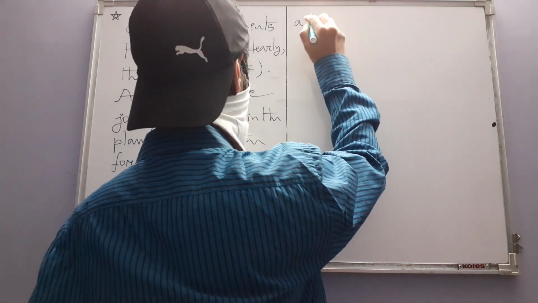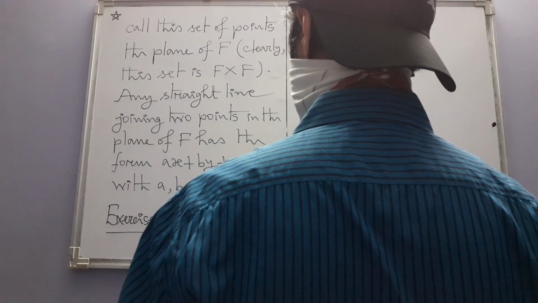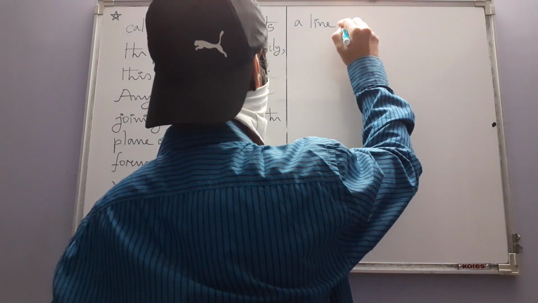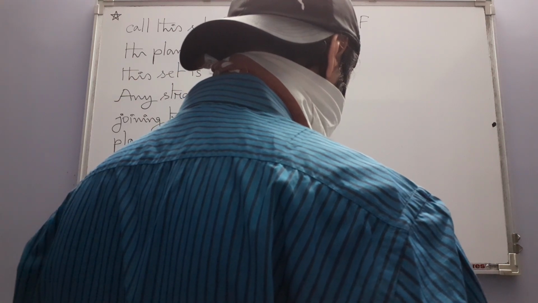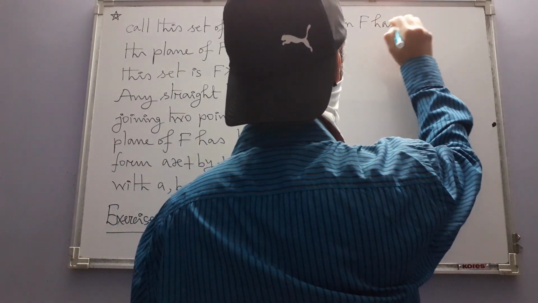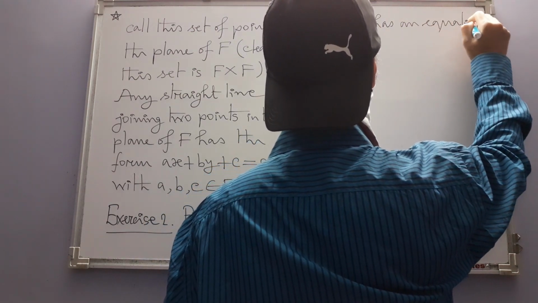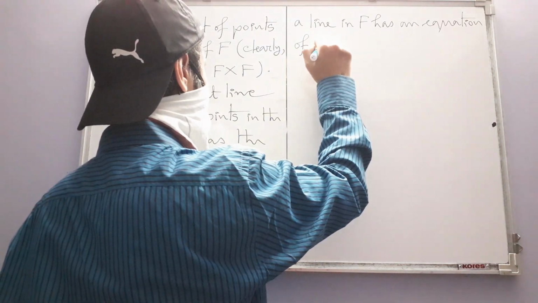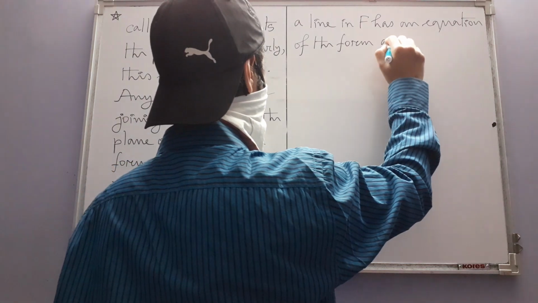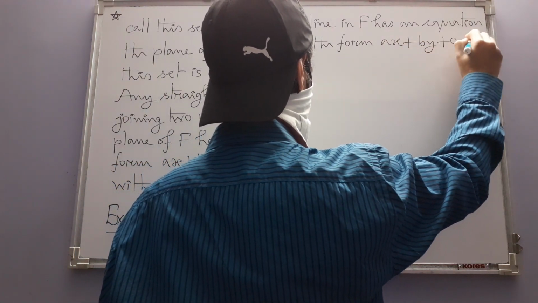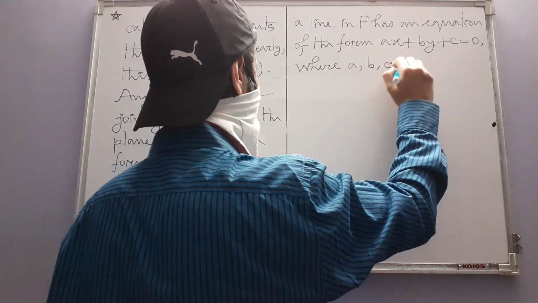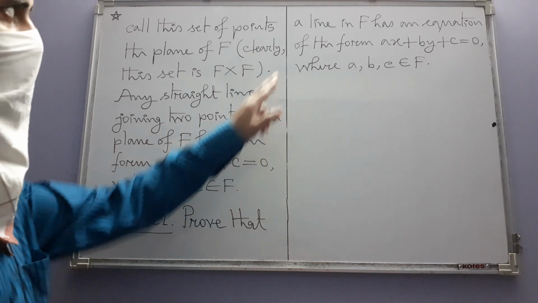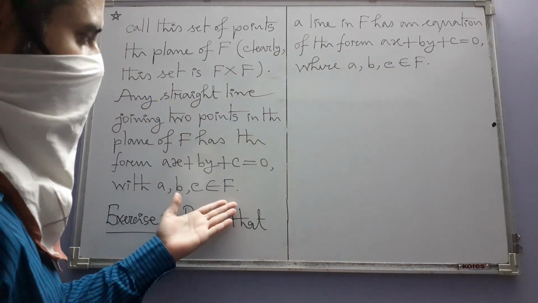So here we have to prove that a line in F has an equation, where the terminology line in F of course means this.